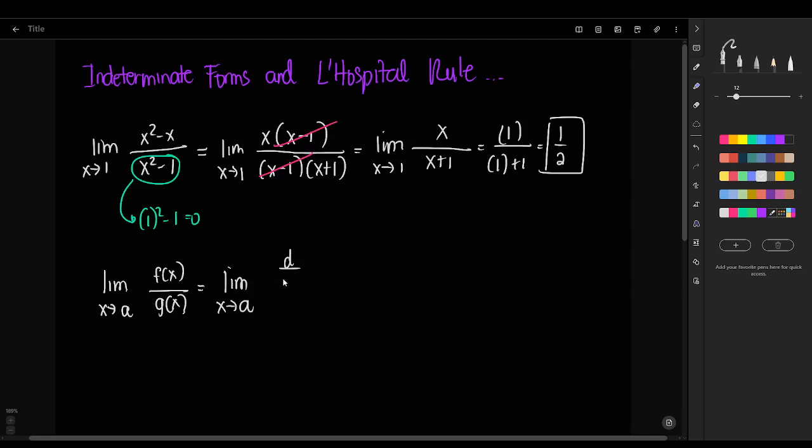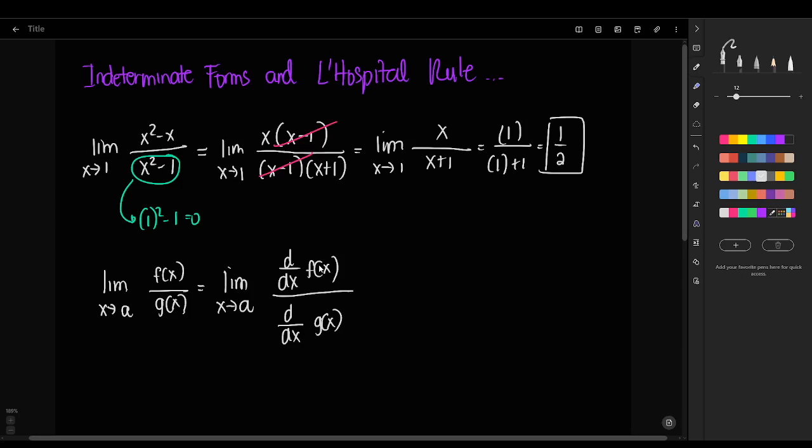Your variable here is x, so you differentiate the function of x in the numerator of the rational equation, all over the differentiation of the denominator, the equation g of x.